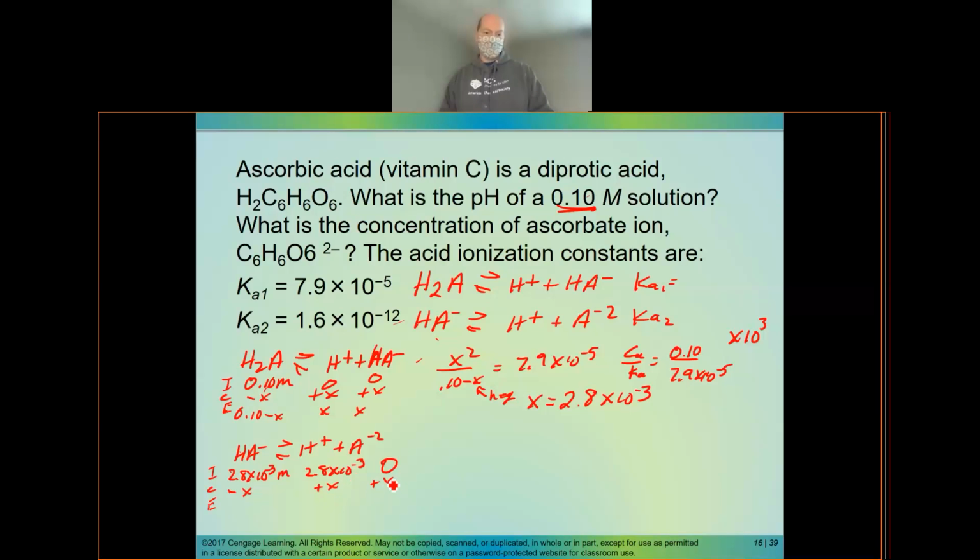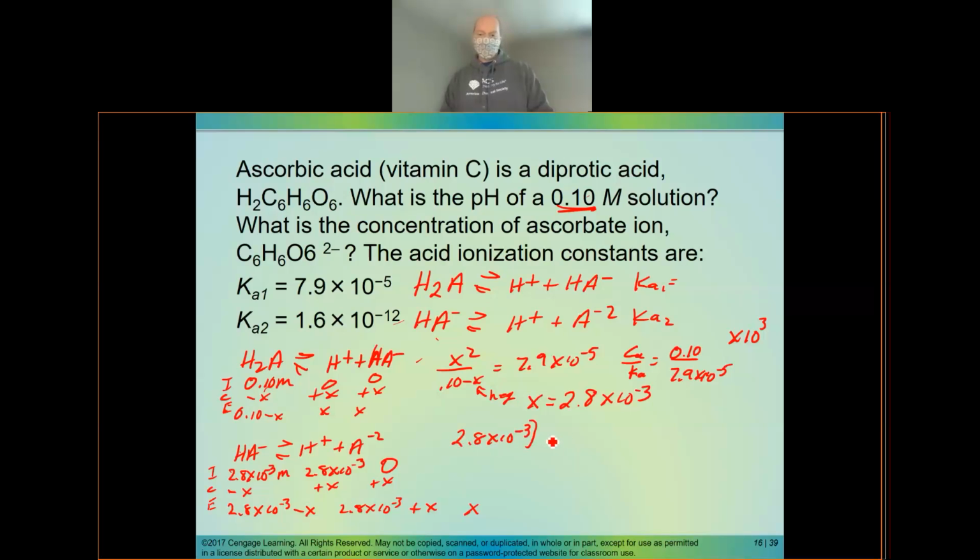So at equilibrium, 2.8 times 10 to the minus 3 minus X, 2.8 times 10 to the minus 3 plus X, and X. So now we plug that into our Ka2.